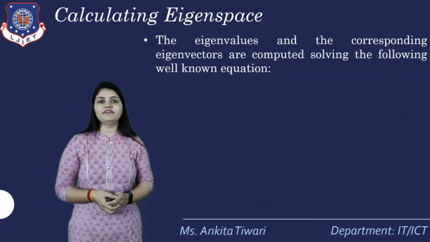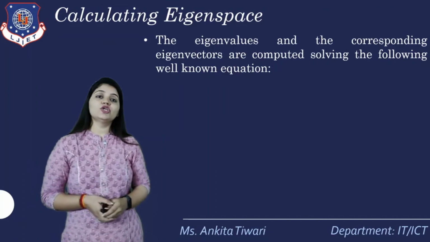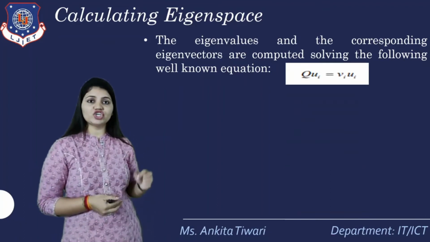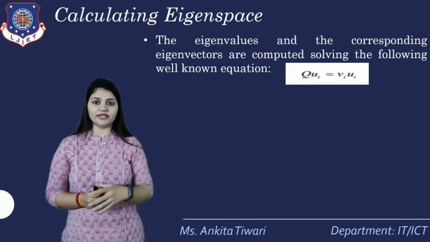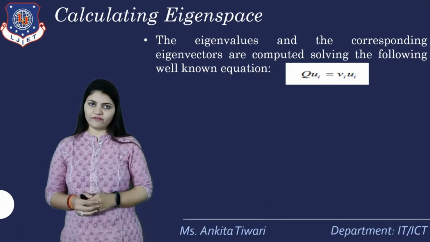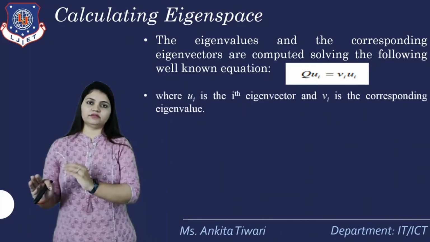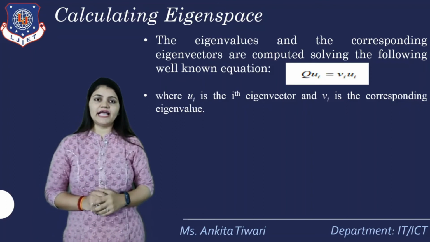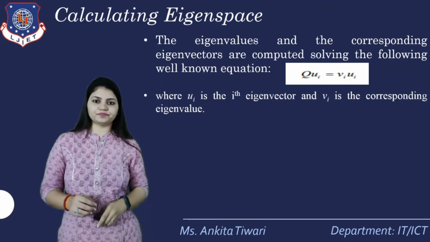So here the eigenvalues and the corresponding eigenvectors are computed using the following well-known equation, that is Q u_i equals v_i u_i. Now what are these? Where u_i is the ith eigenvector, and v_i is the corresponding eigenvalue for that eigenvector.